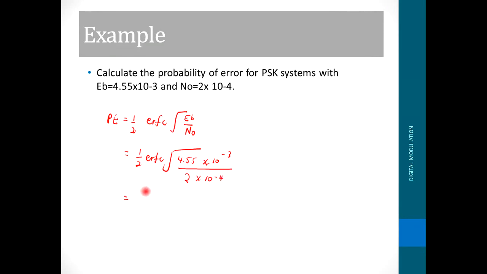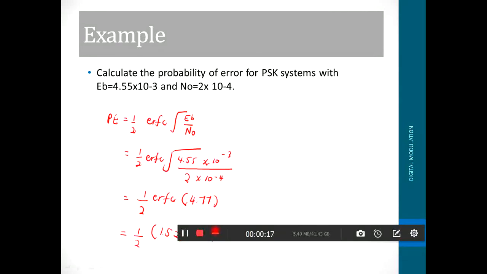So we will have 1/2 ERFC 4.77. For ERFC, we need to refer to the table of ERFC, and we will get ERFC of 4.77 is 1.52 times 10 to the power of negative 11.